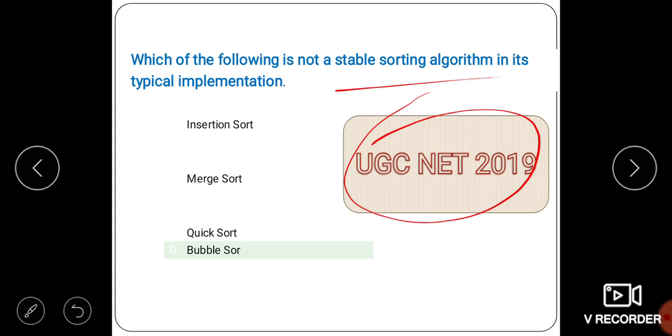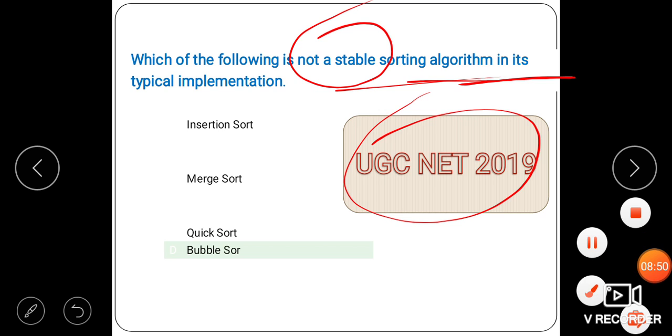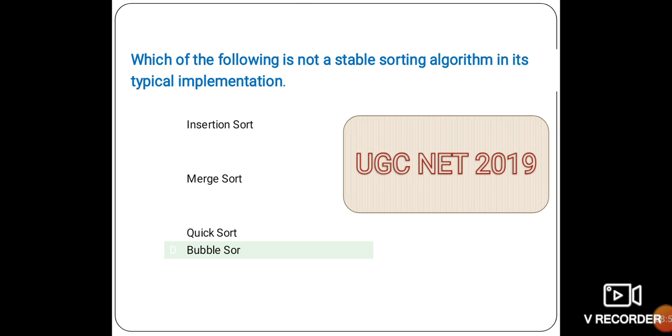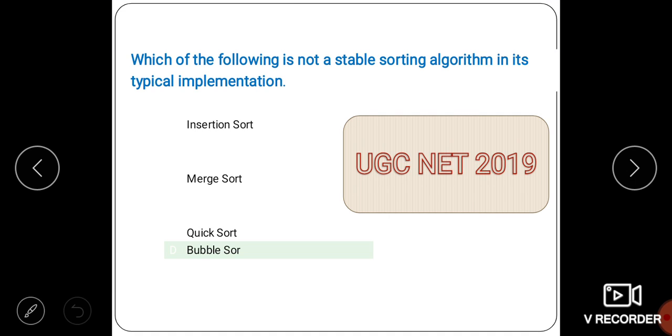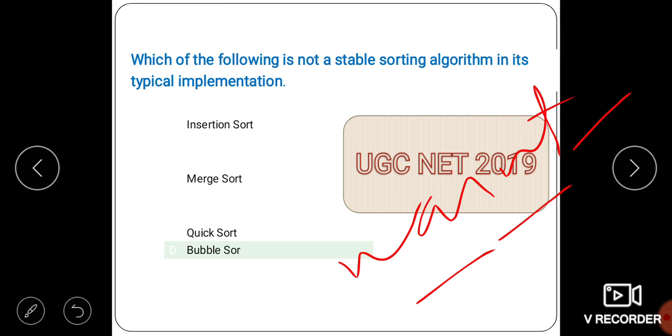Which sorting algorithm is not stable? Which of the following is not a stable algorithm? A stable algorithm is one which maintains the order of equal elements the same as before sorting.